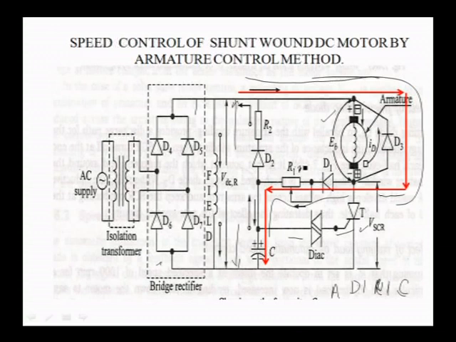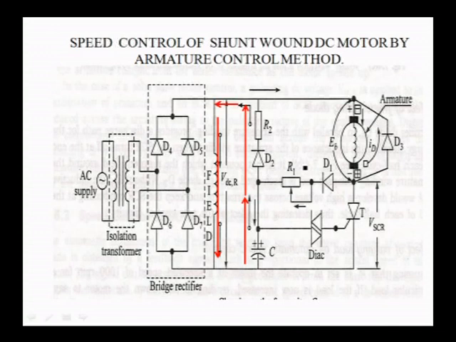So we can vary the voltage applied across the armature of a DC motor. Now, how does the discharge take place? During the negative half cycle, the capacitor, which was charged, now discharges. The discharging path will be C, D2, R2 and the field winding.